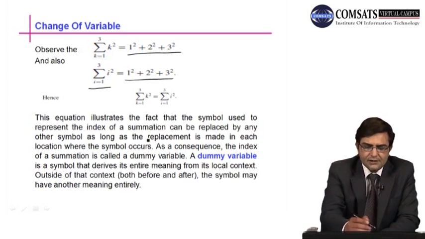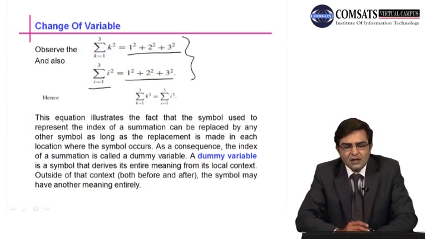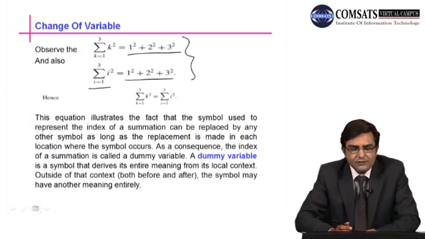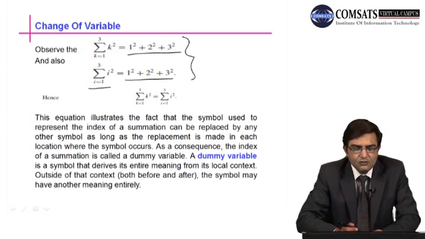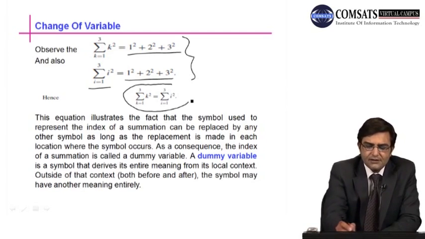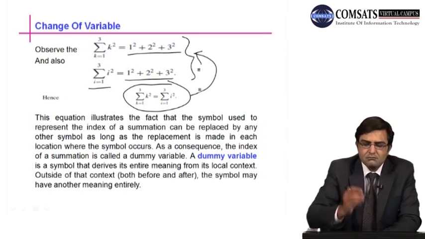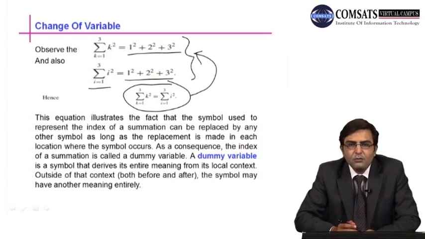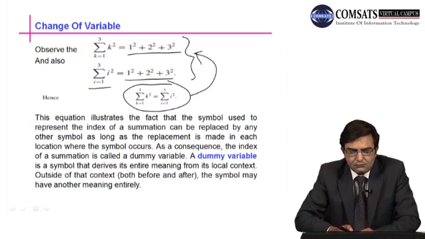You can see the results of these two summations are equal, whereas in the first summation we have used k from 1 to 3 of k square, and in the second summation we have used i equal to 1, 2, 3 and i square. These two summations give us the same expanded form of the summation.